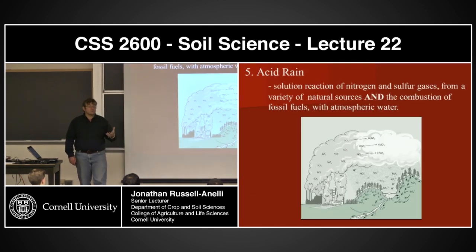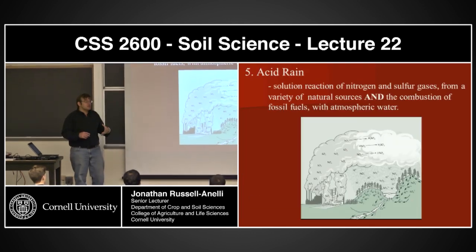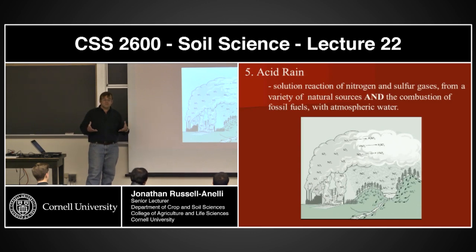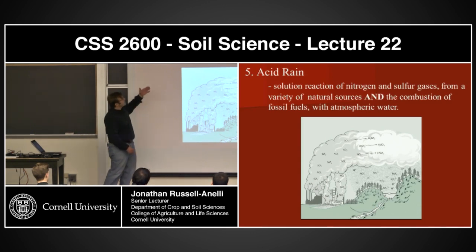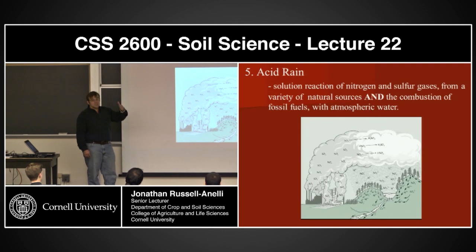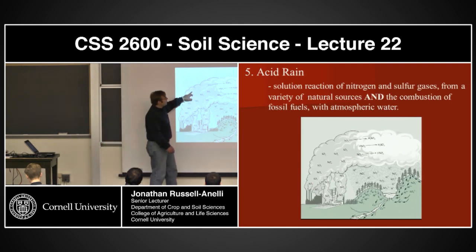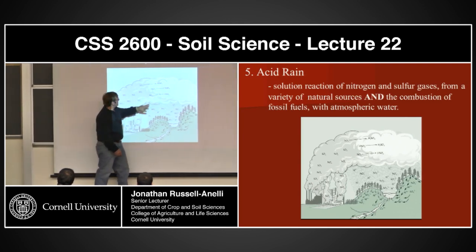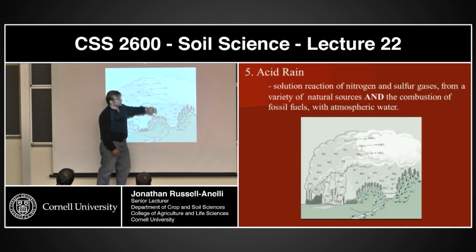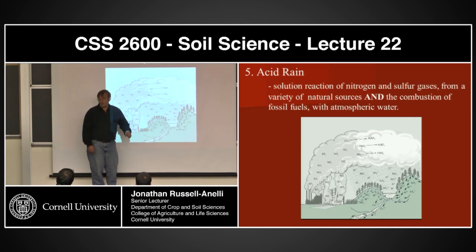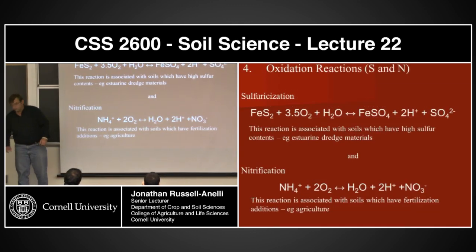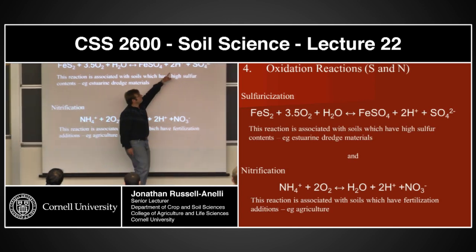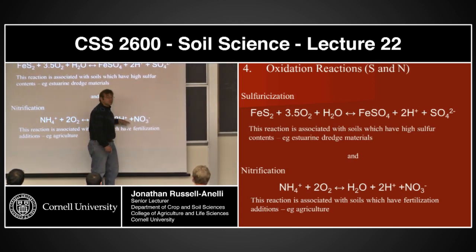The next one is acid rain. This is the stuff that comes from combustion products, but there are also some natural sources. Basically, we're looking at nitrogen and sulfur gases reacting in the atmosphere with water and making either sulfuric acid or nitric acid. Again, these are both strong acids, so I'm going to have complete dissociation.